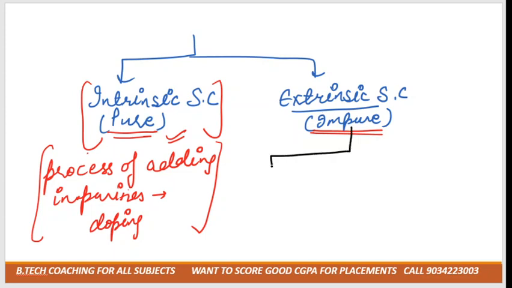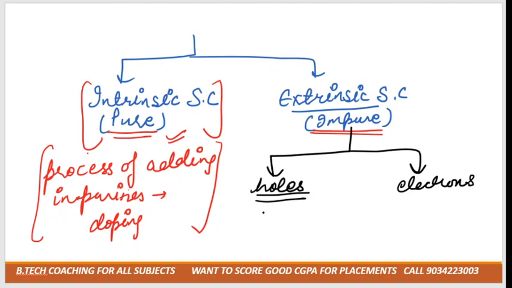So, impure. Now we have to add impurities, right? Either we can add holes, or we can add electrons, right? Nothing else can we add. Holes have positive charge and electrons have negative charge.